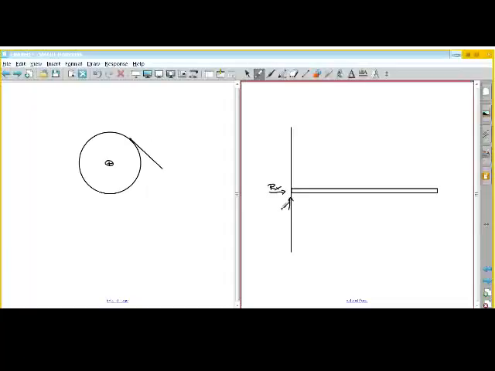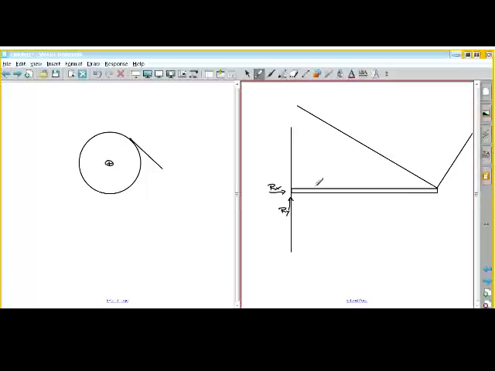There's going to be a reaction force in here, and there's going to be a cable that either goes this way or it could go over to another wall over here. And then there are going to be masses that are sitting on this beam.